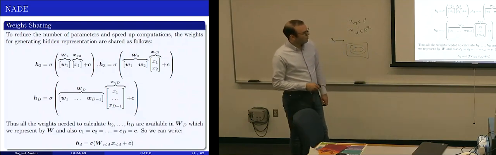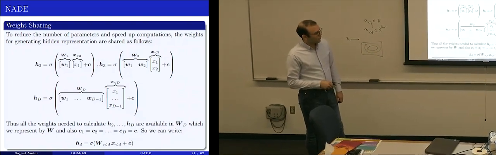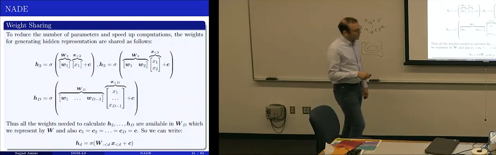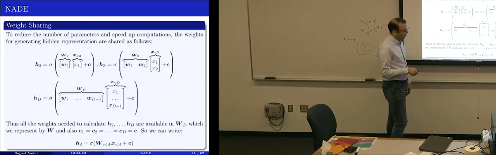So to simplify the notation, I can use this notation. It means that the hidden representation for the D-th element of the sequence is the sigmoid, or it can be any other nonlinearity. It is not limited to sigmoid.